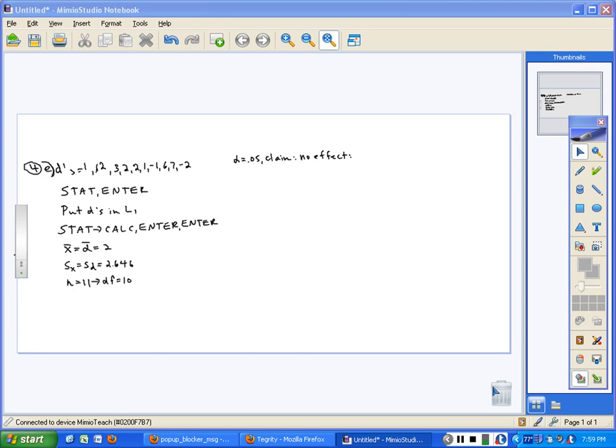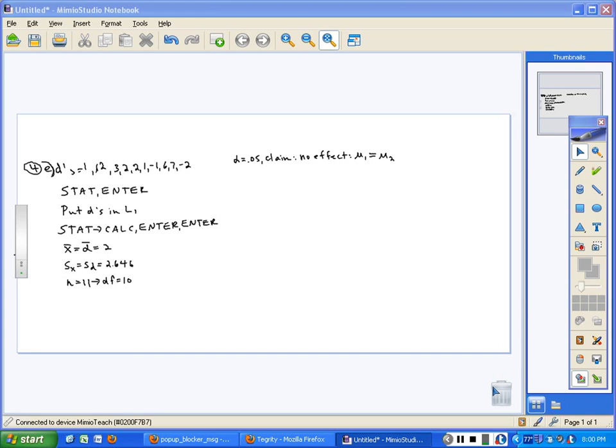In the book, they talk about mu sub D, but I like to call it mu1 and mu2. So if the course has no effect, that's going to be mu1 is equal to mu2, because if the course has no effect, the before and after will be the same. Some students think no effect means not equal to, but that's not true.